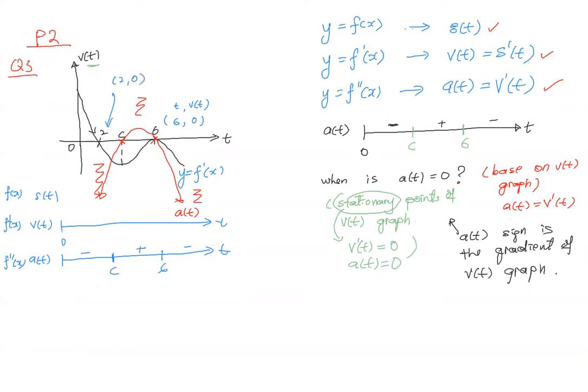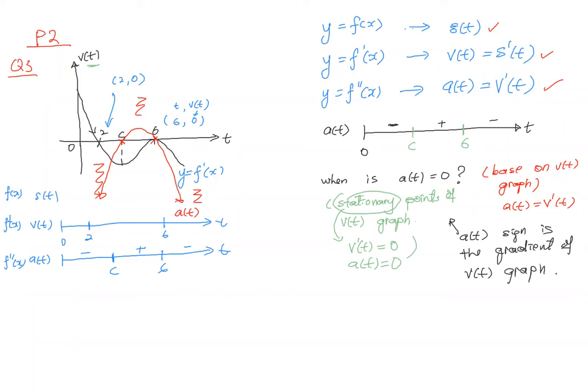So can you tell me when is the velocity equal to 0? Cindy, is it possible for you to talk? Hao Xuan? When is the velocity equal to 0? 2 and 6. So I mark down here 2 and 6.